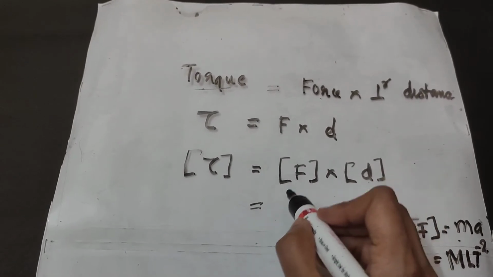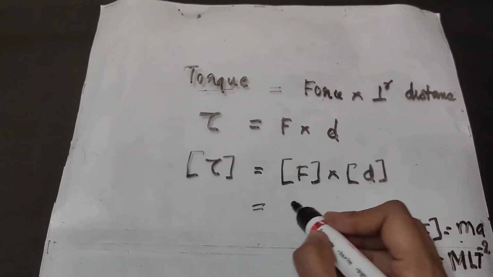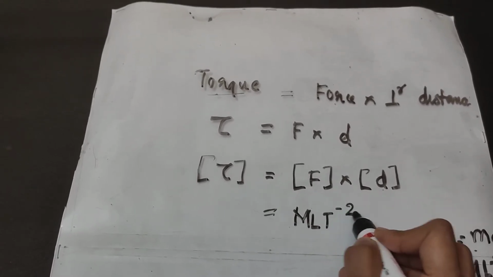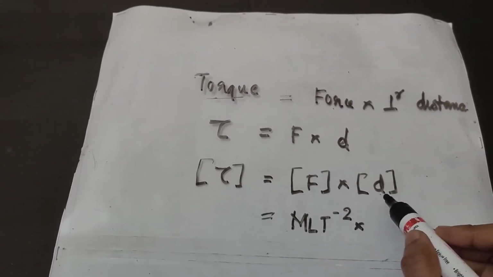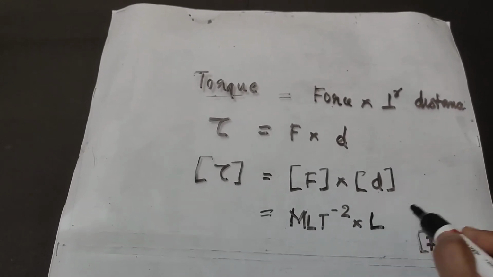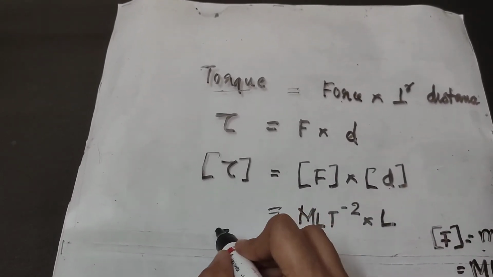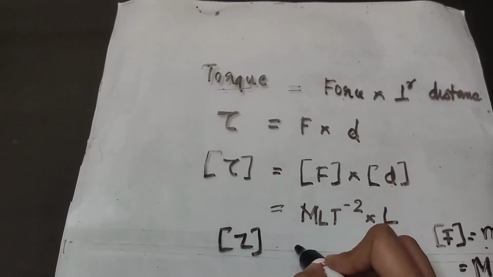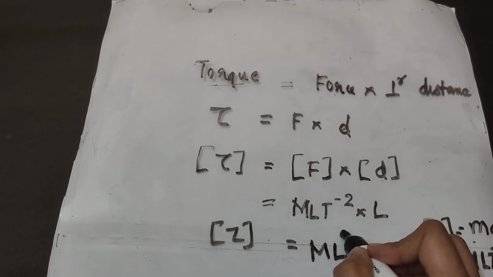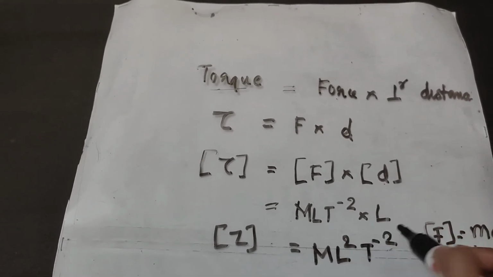So the dimension of force is M L t raised to minus 2, into distance. Distance means it's a length, so its dimension is L. So the dimension of torque is M L into L, which is M L square t raised to minus 2.